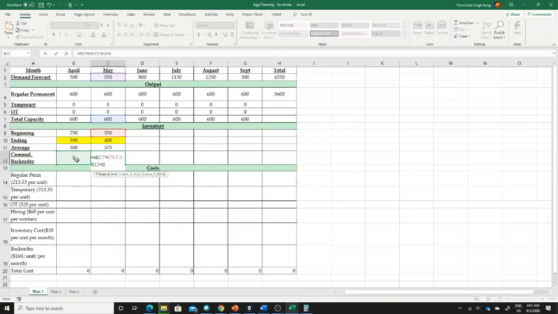So there's only a back order when you have negative inventories, right? So if that's the case, I'm going to represent this as back order.